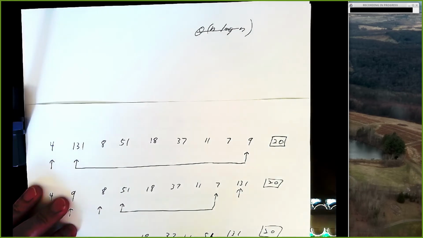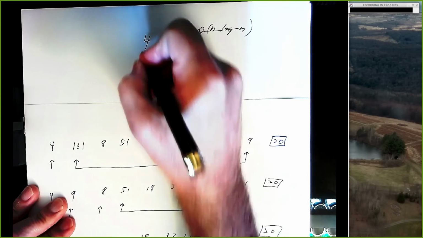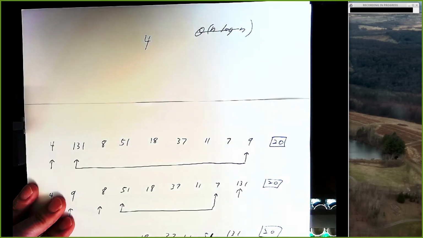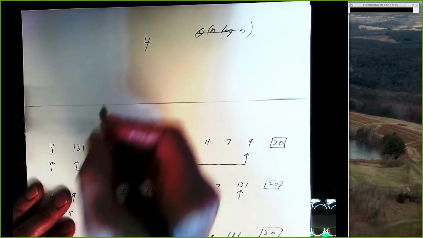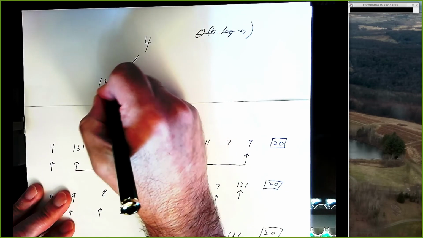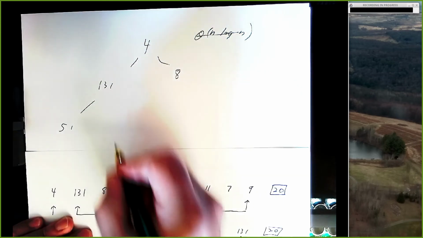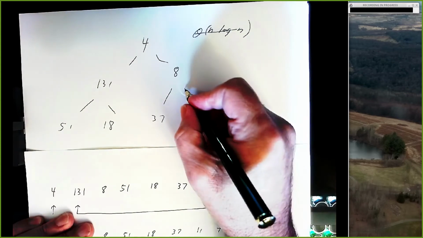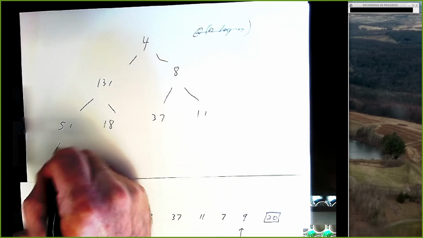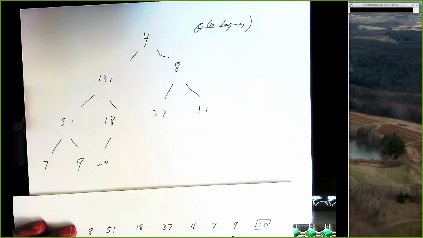We're going to take our data and throw it into a heap shape. The data is coming in this order: a 4, a 131, an 8, a 51, an 18, a 37, an 11, a 7, a 9, and a 20.